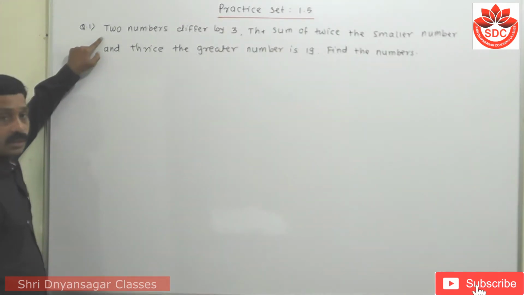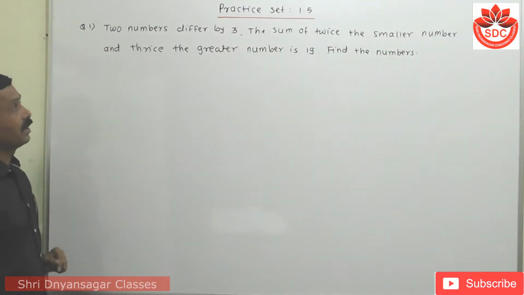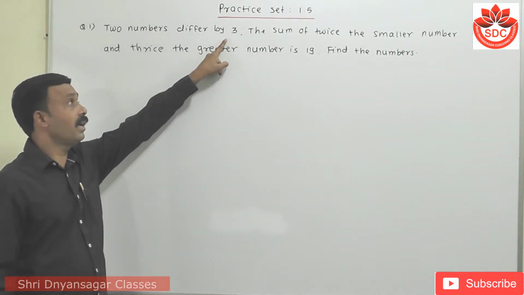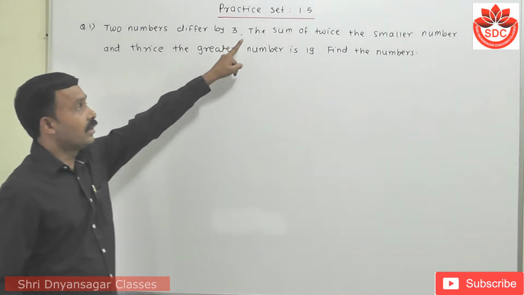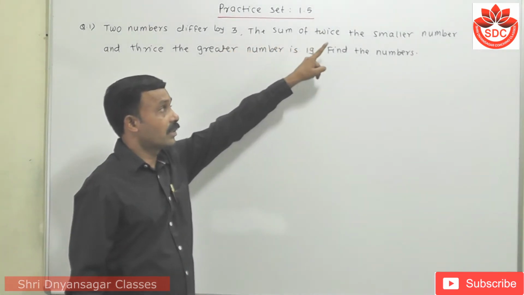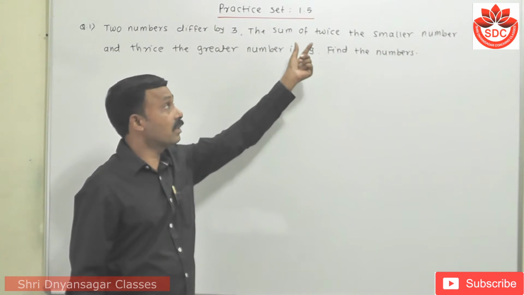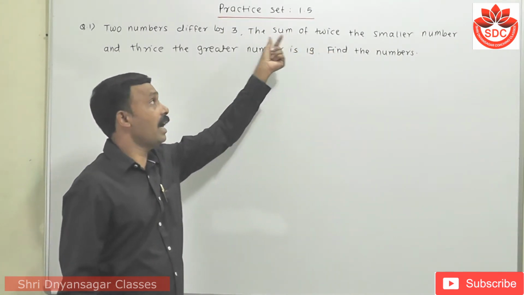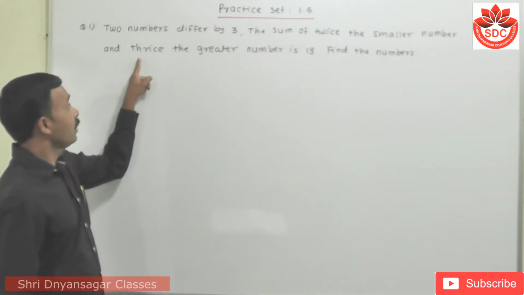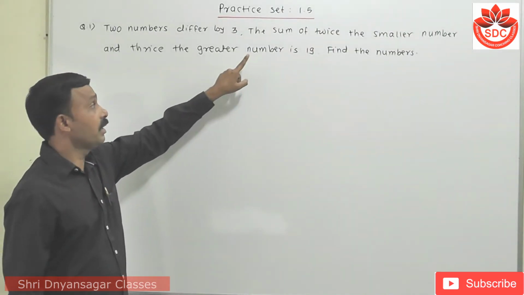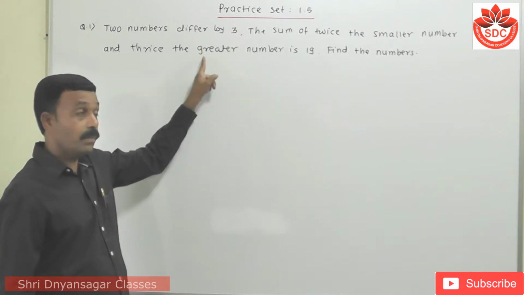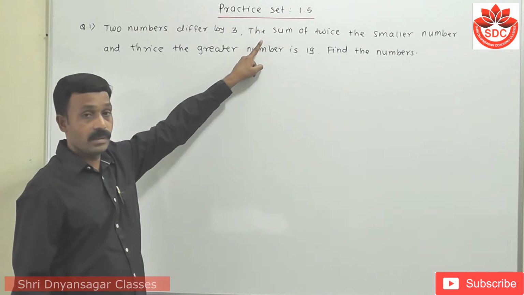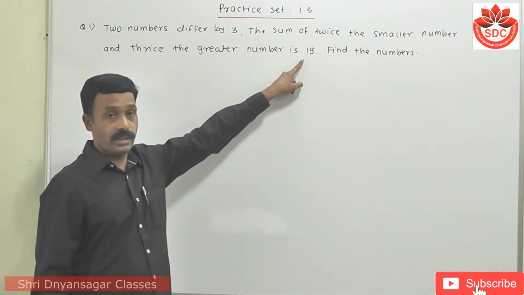Question number one. Two numbers differ by 3. Differ म्हणजे दोघांचा फरक हा 3चा आहे. The sum of twice the smaller number and thrice the greater number म्हणजे मोठ्या नंबरची 3 पट आणि लहान नंबरची 2 पट यांची बेरीज किती आहे, 19.